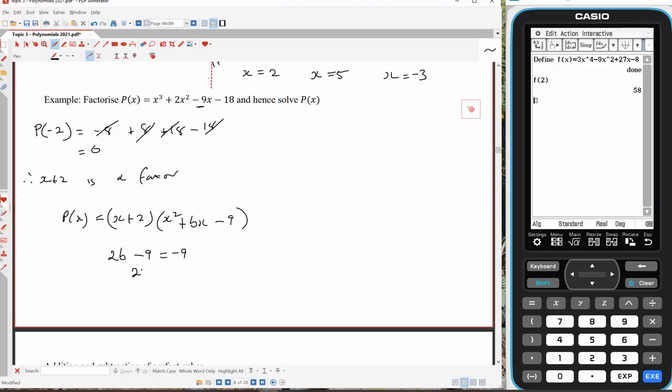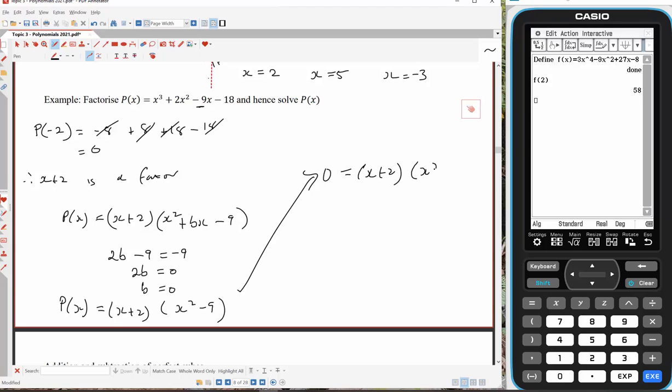Add 9 to both sides and I'm left with 2b equals 0, b equals 0. So what we're going to say is p of x equals x plus 2, x squared take 9. That means, I just jumped the gun there. Let's go over to here. We're going to say 0 equals x plus 2, x squared take 9.